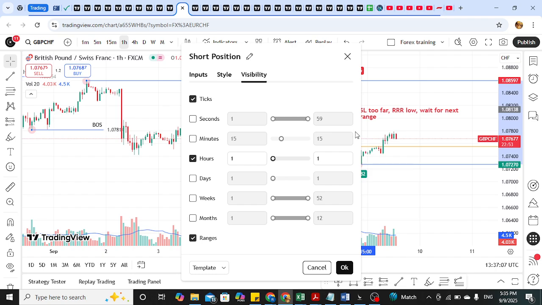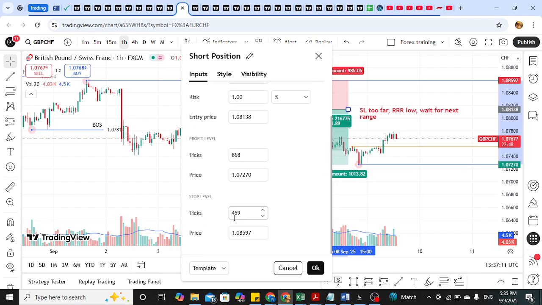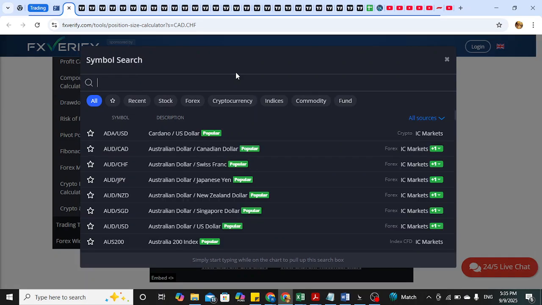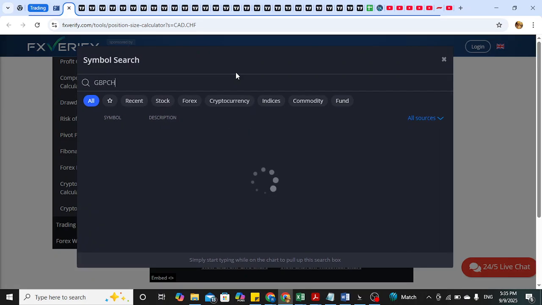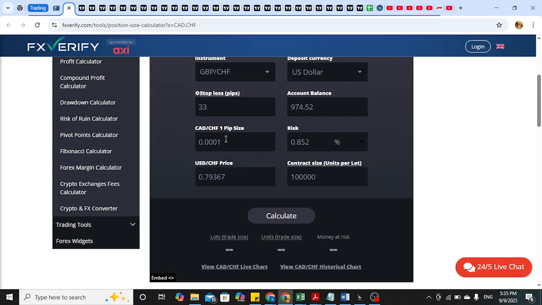Let's look at the size of this stop loss. It's 45.9 pips. If we go to the GBPCHF calculator and I put 45.9 as the distance, and this is my current balance from 1000.